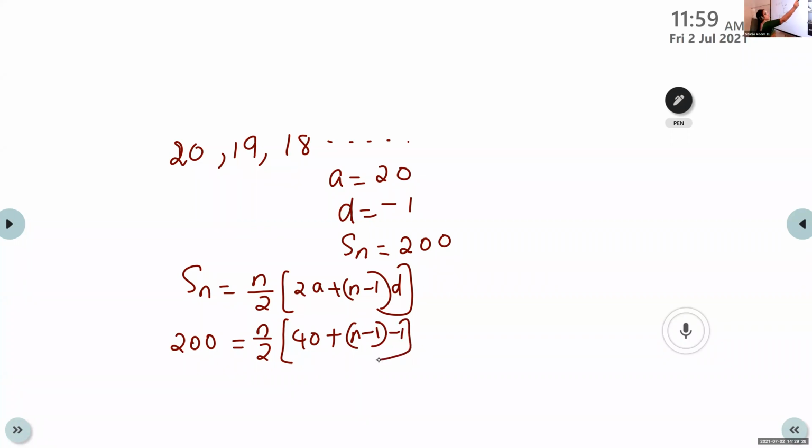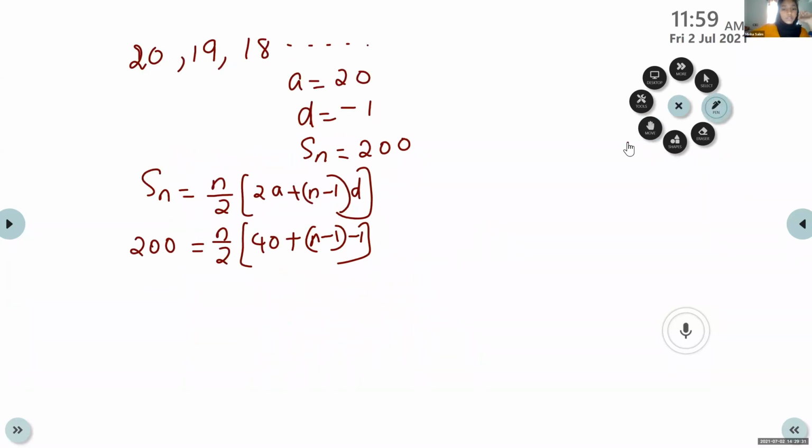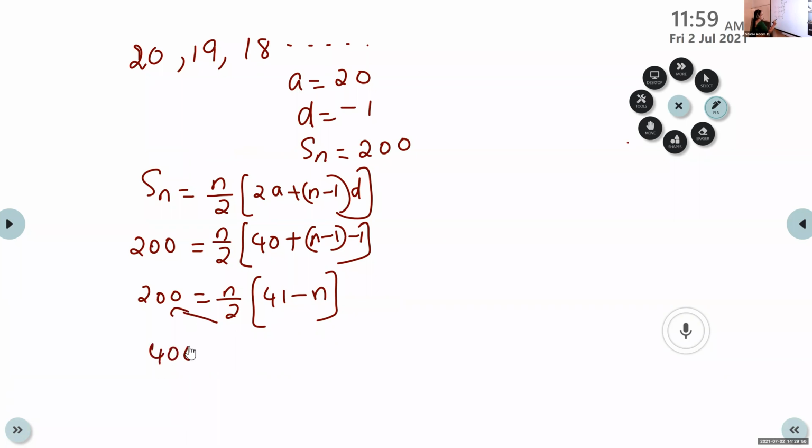Then 200 is equal to n by 2 into 41 minus n. Then 200 into 2, that becomes 400, equal to 41n minus n square, isn't it? Yes.